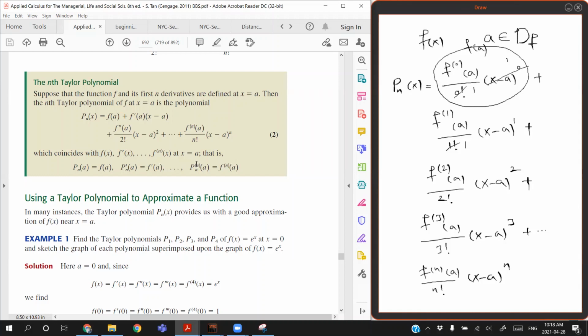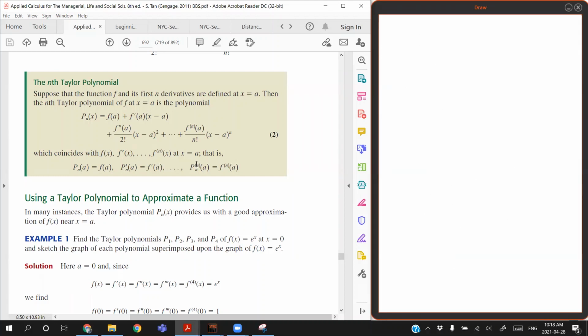Now there is a special kind of Taylor polynomial. It's called a Maclaurin polynomial, and this is the same as the Taylor except a is 0. So if you have a Taylor polynomial but a is 0, so this would be the formula for the Taylor polynomial, Pn of x, sigma k from 0 to n, f k of a over k factorial times (x minus a) to the power of k.